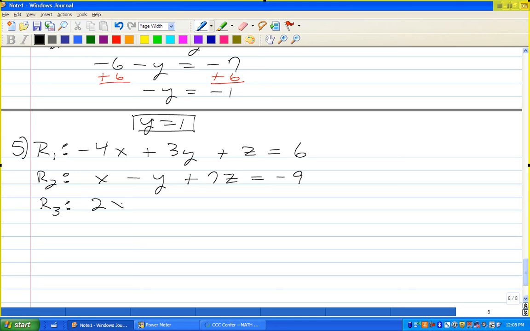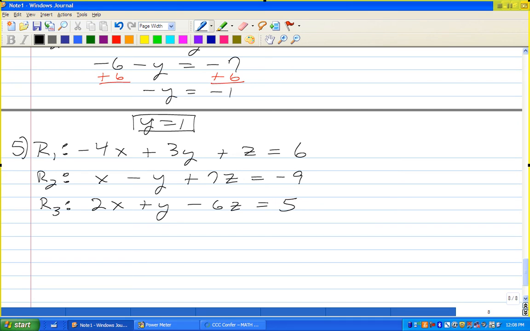R3: 2x plus y minus 6z equals 5. Okay, so let me just check.